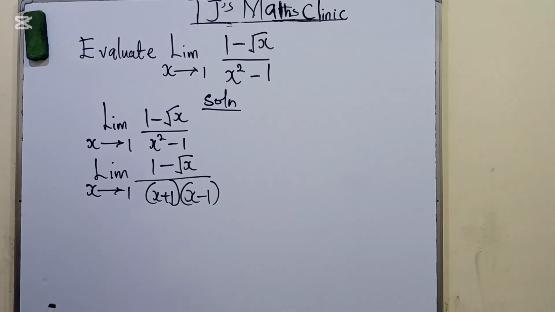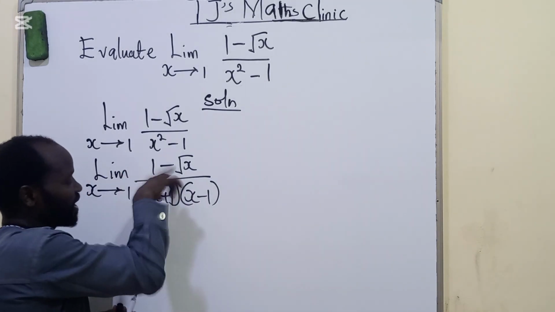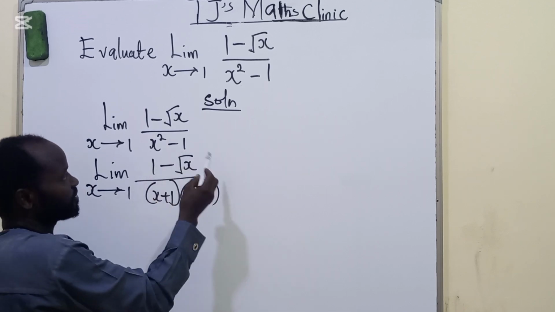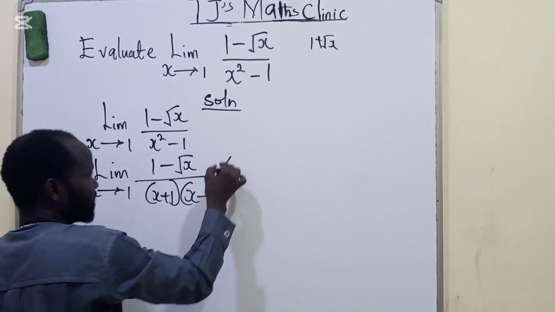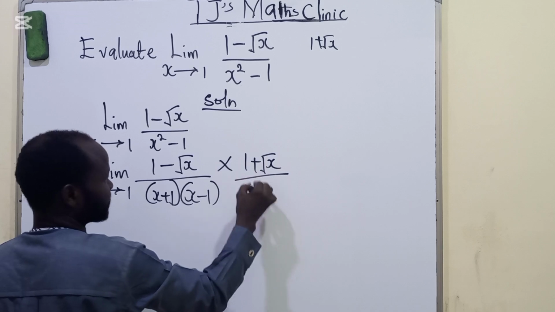Very important. The next thing to do is to find the conjugate of what we have in the numerator and rationalize. The conjugate of 1 minus root x is 1 plus root x. So we use that to multiply our numerator as well as our denominator.